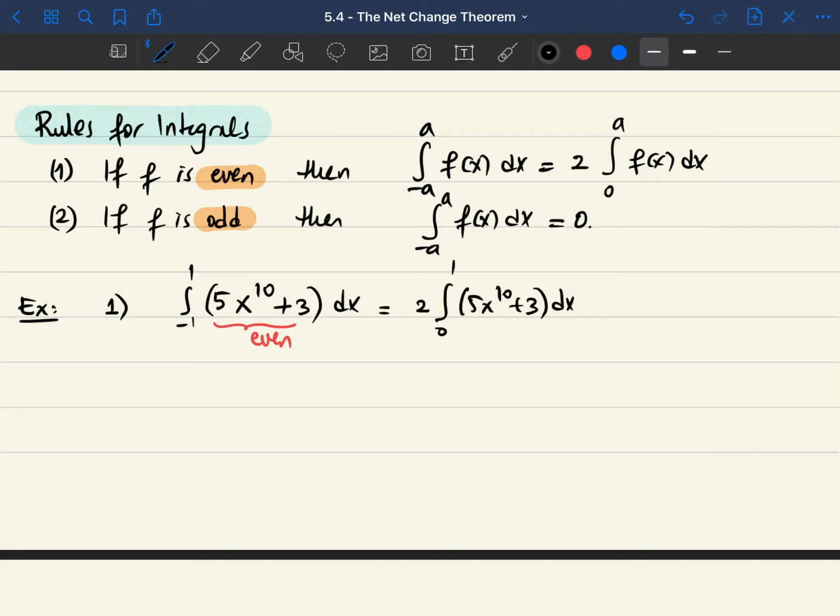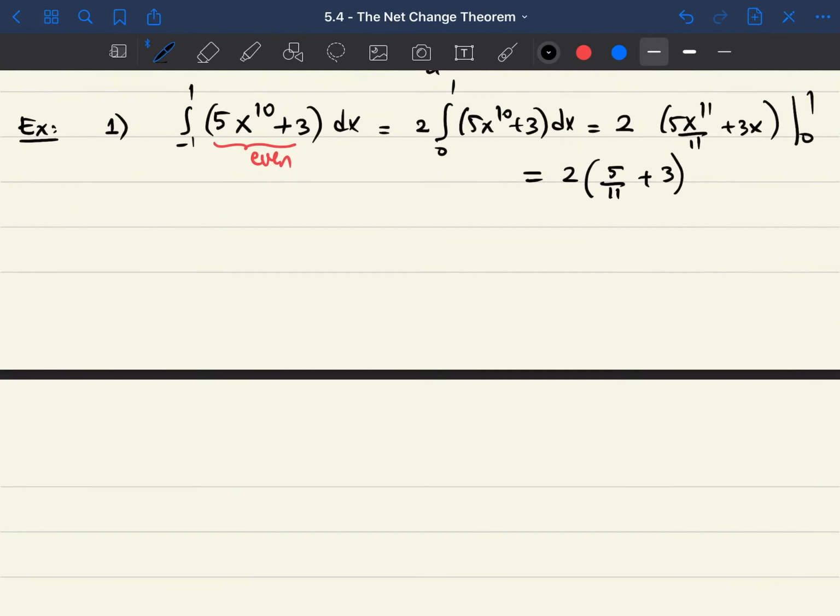Okay, so this is much easier. So this is equal to twice, you have 5x to the power of 11 over 11 plus 3x from 0 to 1. Again, if you plug in 0, you get 0. If you plug in 1, you just get 1 for x. So this is equal to 2 times 5 over 11 plus 3. Okay, this is if you have an even function.